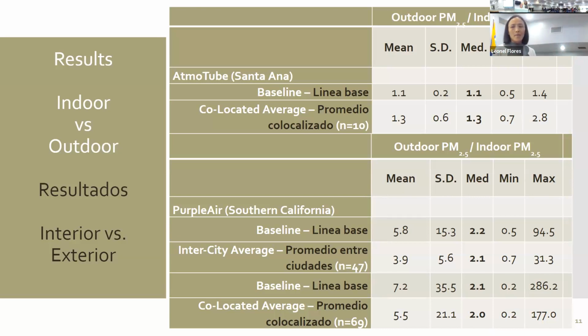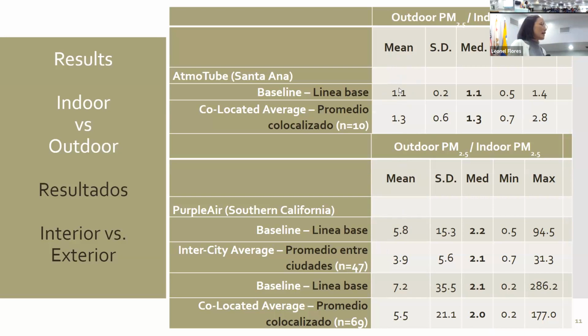As you can see, the mean in the left column, for Santa Ana, is 1.1 to 1.3. This is the mean of outdoor pollution divided by indoor pollution. So in Santa Ana, outdoor pollution is slightly more than indoor pollution.